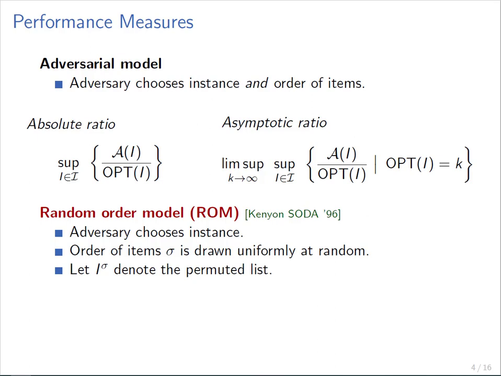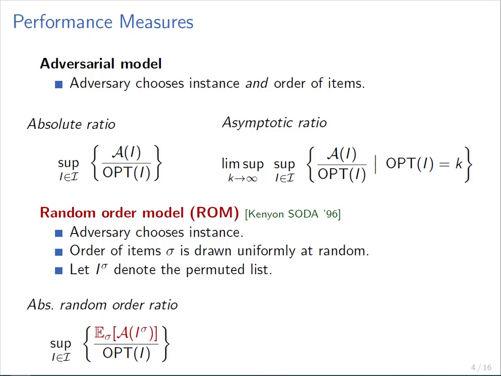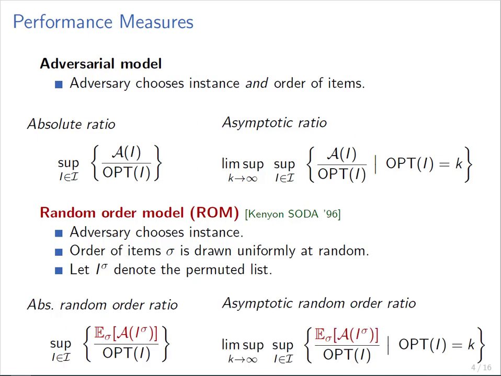And the idea of the random order model, which was proposed by Kenyon, is to weaken the adversary in the following way. The adversary still chooses the instance, but the order of items is drawn uniformly at random. And again, we obtain 2 notions of approximation ratio, absolute random order ratio and asymptotic random order ratio.